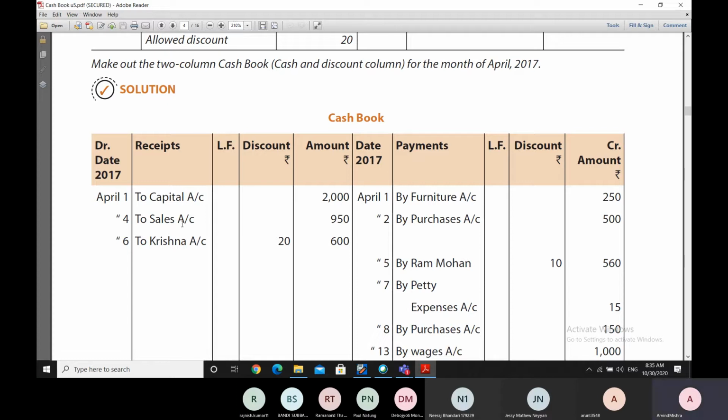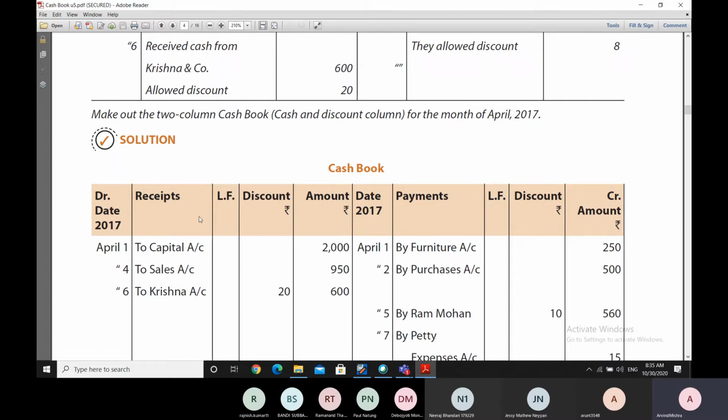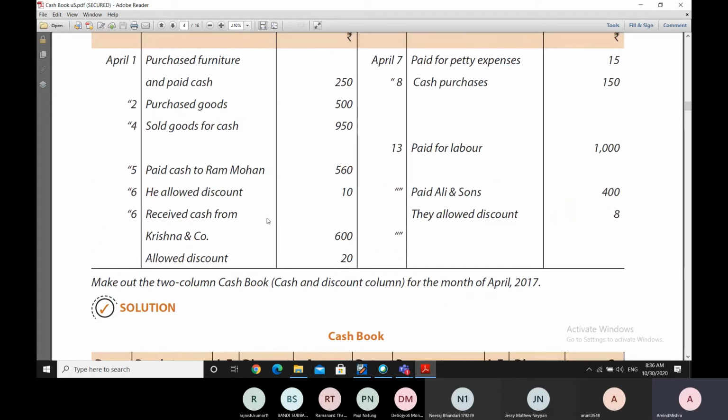Whenever there is a sale, we debit the cash book and we credit the sales account for the cash sale. Now here you can see the Krishna account, 20 and 600, which means that we received cash from Krishna and company, 600, and allowed a discount of 20 rupees.